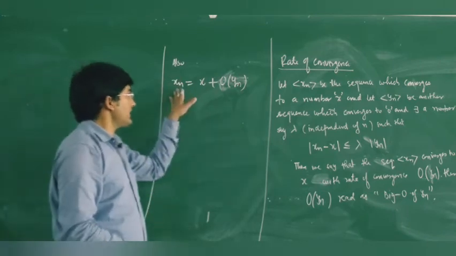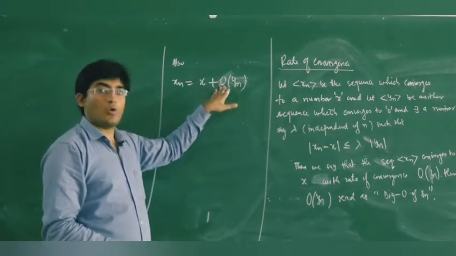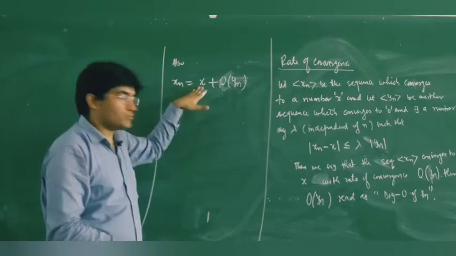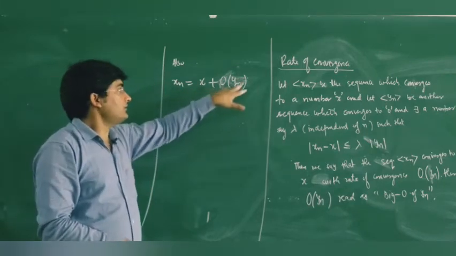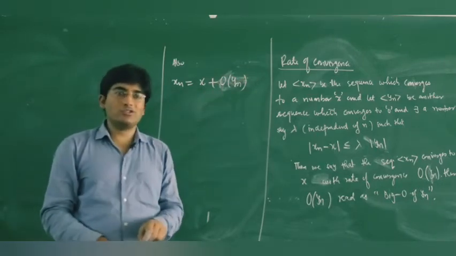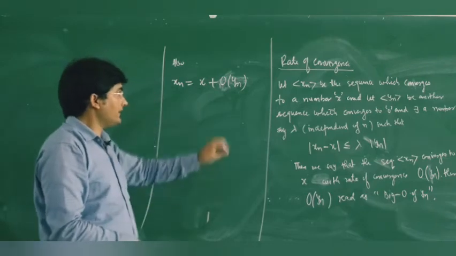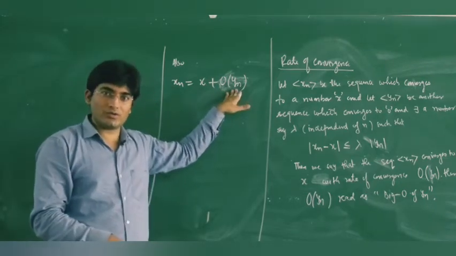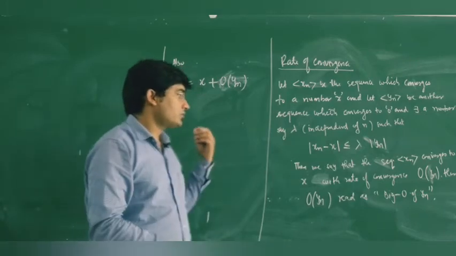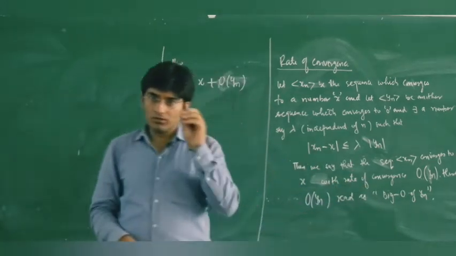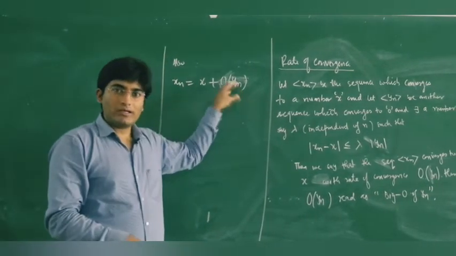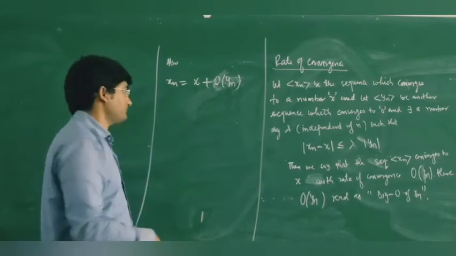We can also write this xn equal to x plus big O of yn. Now here your xn will converge to x and your yn will tend to 0 as your n tends to infinity. Now how quickly your yn is going to tend towards 0 will give you the measure which is known as rate of convergence. So the quickness of this yn tending to 0 is the rate of convergence.